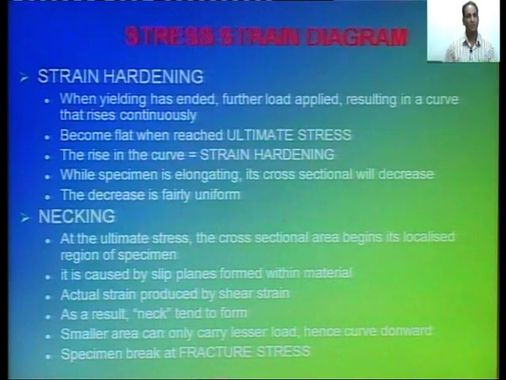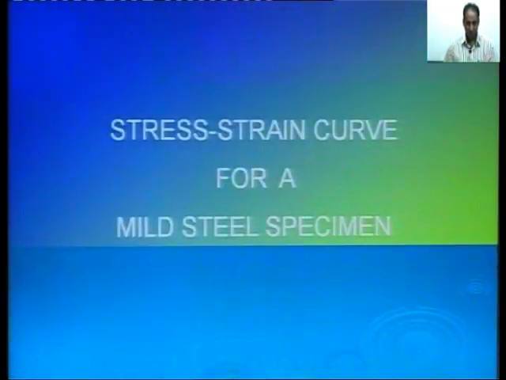This is called the necking stage, at which the failure of the sample takes place. A smaller area can only carry a lesser load, hence the curve goes downward. The specimen breaks at some stress or load, and the stress at the breaking point is called the breaking stress.